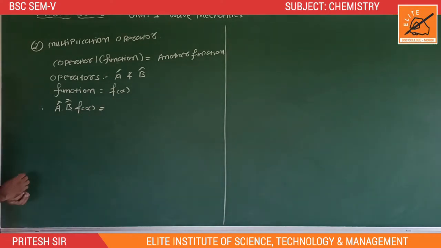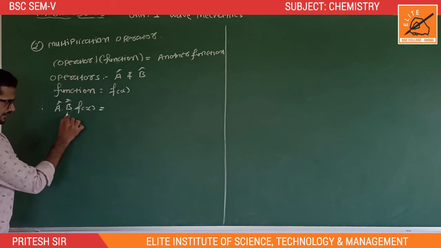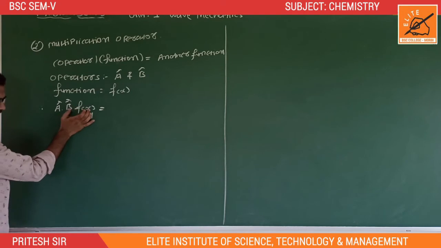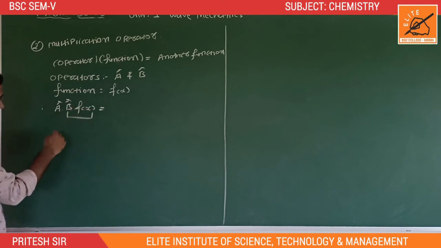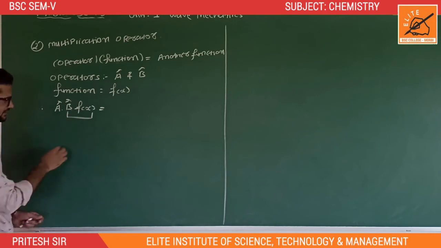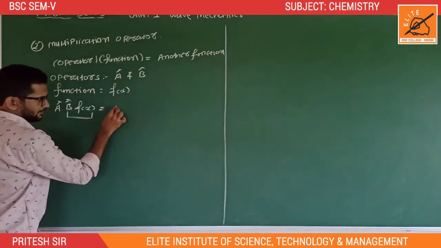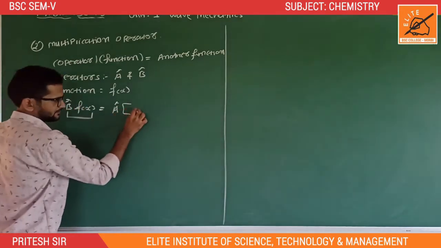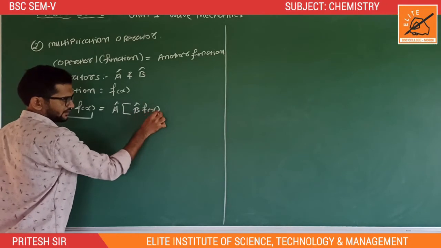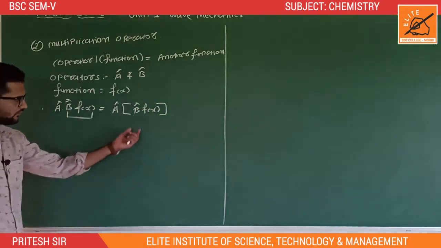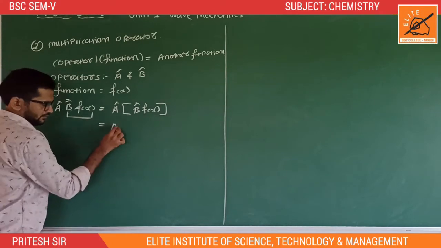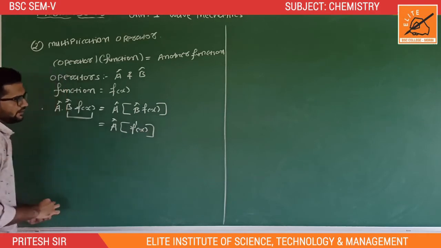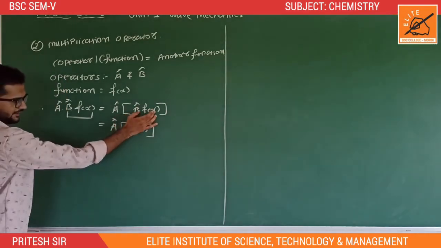First, the operator B cap is operated on function f(x) and gives another function, suppose f dash x. A cap remains as it is.